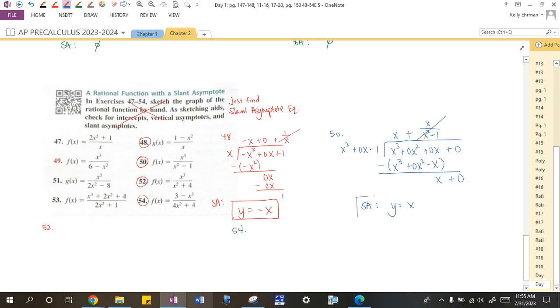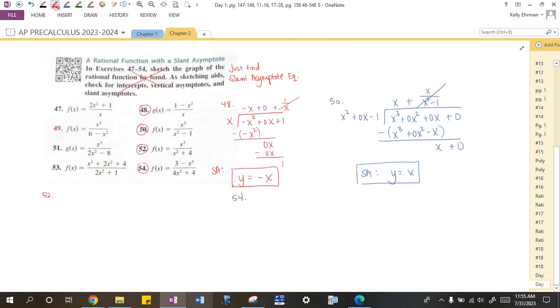But my slant asymptote equation is ignoring the remainder, just y equals x. For 52, x squared plus 0x plus 4, put in the placeholder. We're dividing that into x cubed, but again, I want to keep my placeholders here just to make sure. I multiply x squared by x to get x cubed.